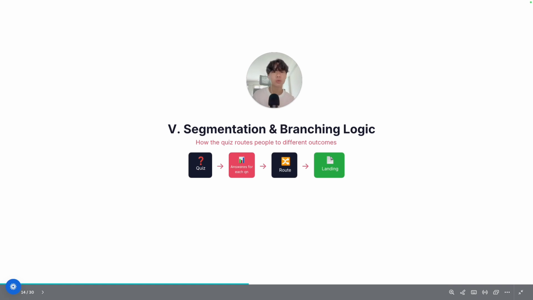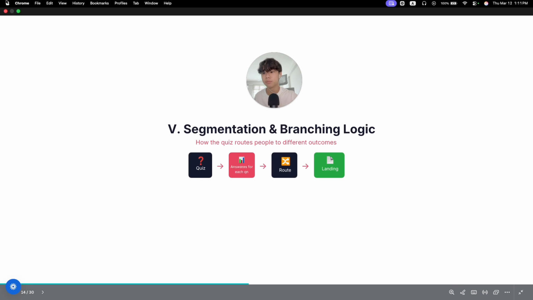Put very simply, for every single question we have different options, and when people choose different options, we route them based on the answers they give to each question, and we determine where they go: which landing page, which offer page, or which booking link. So that is basically the idea of how the segmentation and branching works. Very easy, very simple to understand, and very important that you understand this.